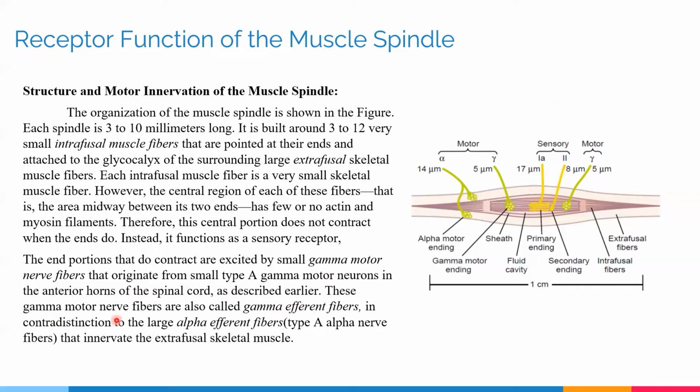These gamma motor nerve fibers are also called gamma efferent fibers, in contradistinction to the large alpha efferent fibers, or the type A alpha nerve fibers, that innervate the extrafusal skeletal muscle.